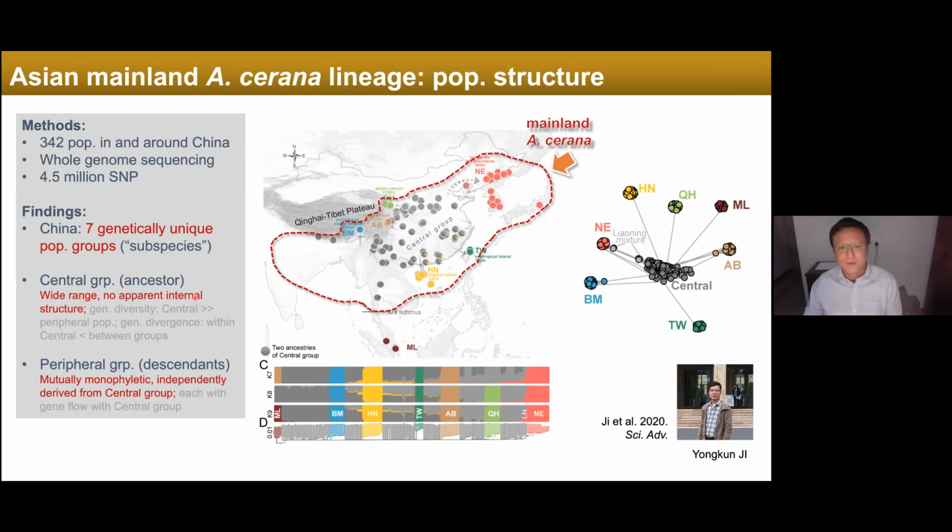So this is a fairly interesting distribution pattern because you don't typically see this kind of subspecies division within a species.